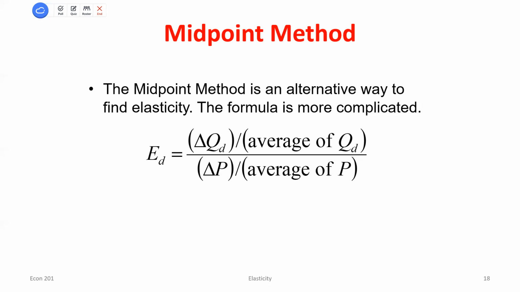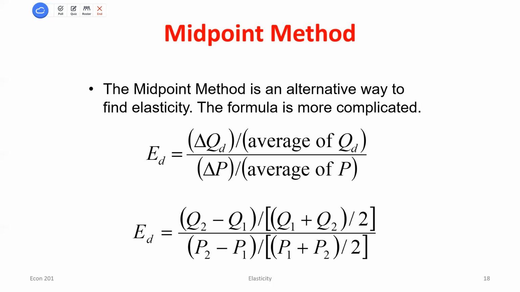So I look at that change in the price, the new price minus the old price, and then divide it by the average. And then we do the exact same thing for the percentage change in quantity demanded. After this price change, what was the change in the quantity demanded, and then divide that by the average between those two quantities demanded.